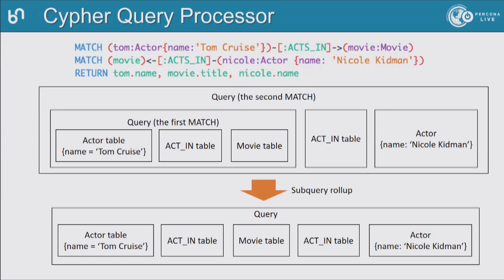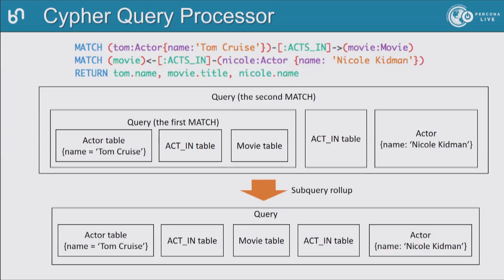After we make this internal query structure, the query optimizer of PostgreSQL tries to optimize this query structure. And in this case, there is a query optimization technique called subquery pull-up.